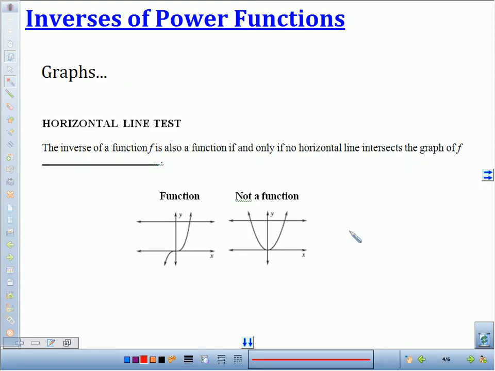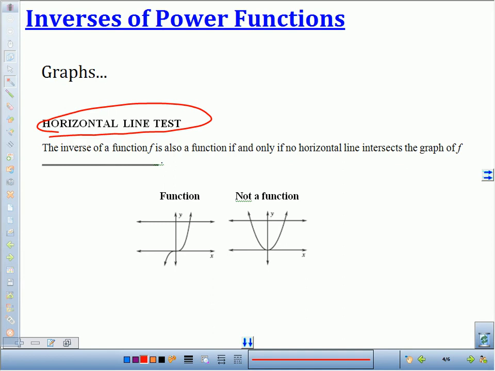To do that, we use what's called the horizontal line test. Now, we've seen the vertical line test. The vertical line test says that a relation is a function if you can move a vertical line across it and it never touches in more than one spot. Right? That means that the relation is a function.